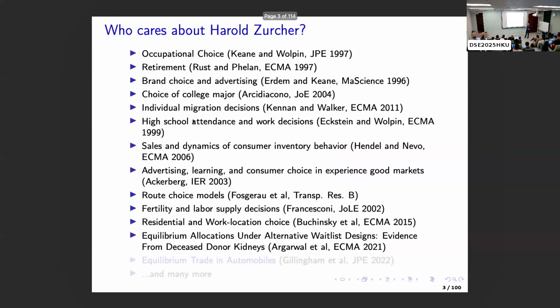This is the simple world of engine replacement. There are lots of different applications of dynamic discrete choice models that cite this work.